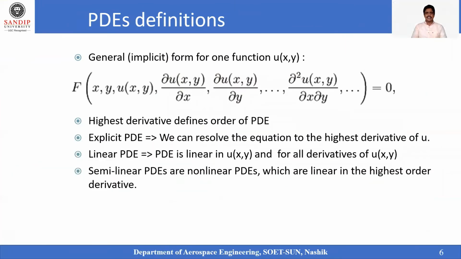As far as general partial differential equations are concerned, how do we write them? Here it is available on screen. Generally these are implicit functions where the function varies with respect to x, y, u. Here x and y are the directions, and the velocity u is involved, varying along both the x and y directions.